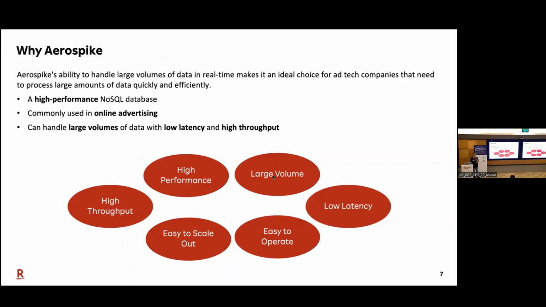In the end, we chose Aerospike. Why Aerospike? I think Clarence already explained a lot that the benefits are exactly suitable for us. It's high performance and supports high throughput. It supports large volume, and what we love is that it can support large volume in SSD mode.